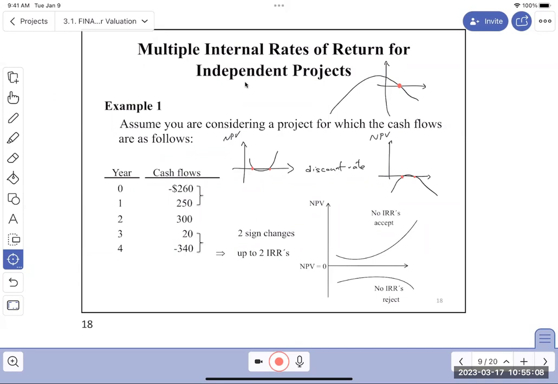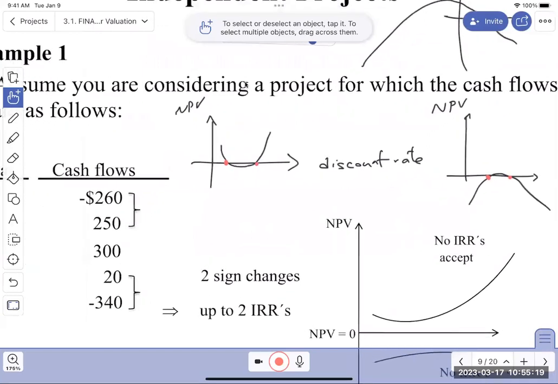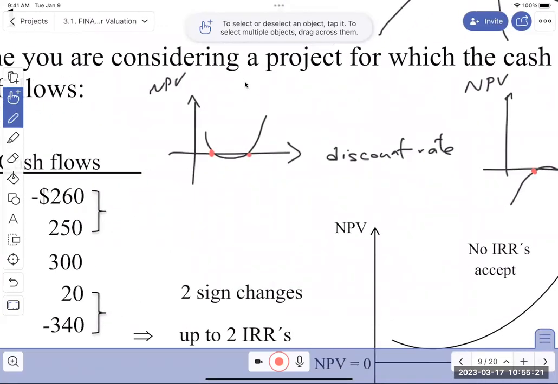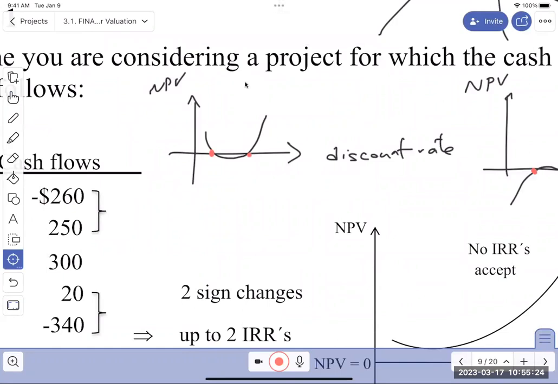So somewhere like this, what do you do? When do you invest in the project? Let's look at this graph here. If this was my NPV profile, when should we invest in the project? What does this tell us? Presumably this is a graph of a function with no limits, so it just keeps going both directions.